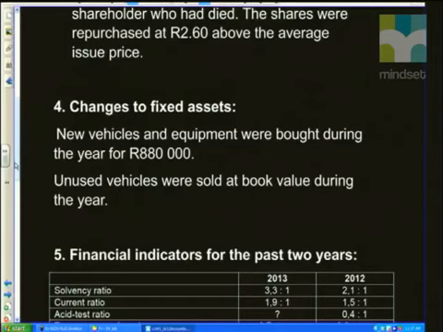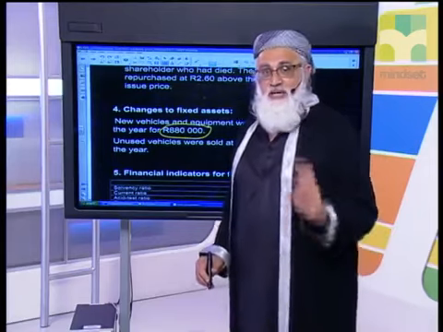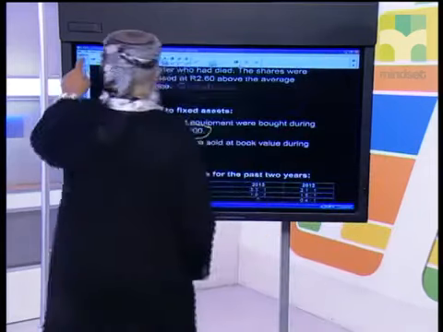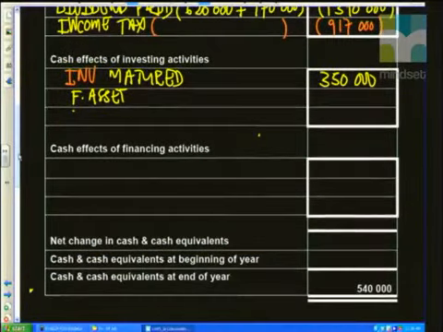What happened? New vehicles and equipment were bought during the year for an amount of how much? 880,000. So already you know that that is the value of your tangible assets that have been purchased. Therefore, fixed assets purchased, immediately the answer is 880,000.